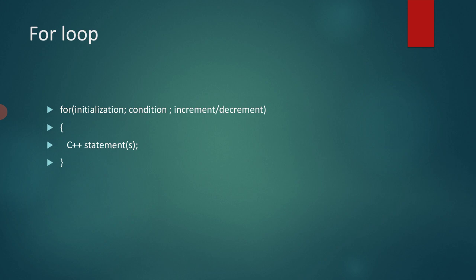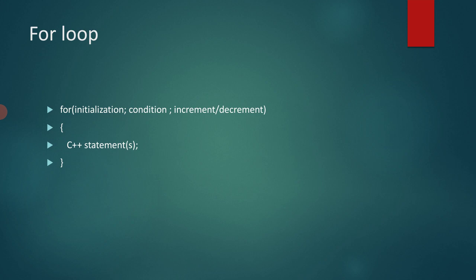It is our choice. So initialization is when we assign a value to a specific variable. So inside the for loop, the first thing is we have to initialize a variable. We have to assign the value from which the loop will start.